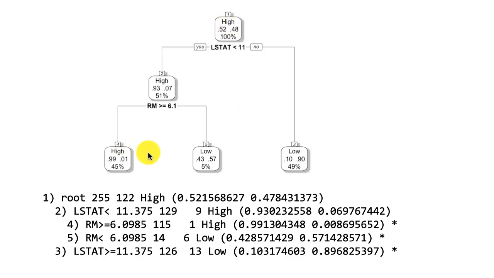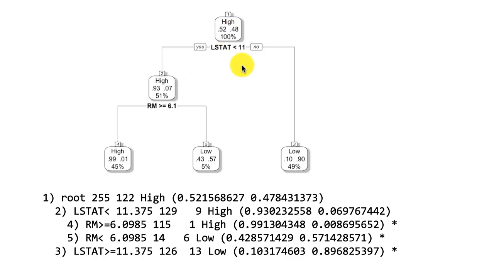In this case, the only two classes are high and low, so it's telling you that the proportions are 52% and 48%. And of course, since the majority in this node is marked as high, we know that the first number represents the proportion of high and the second number represents the proportion of low. Okay, and that is why this is classified as high, because high is in a majority.